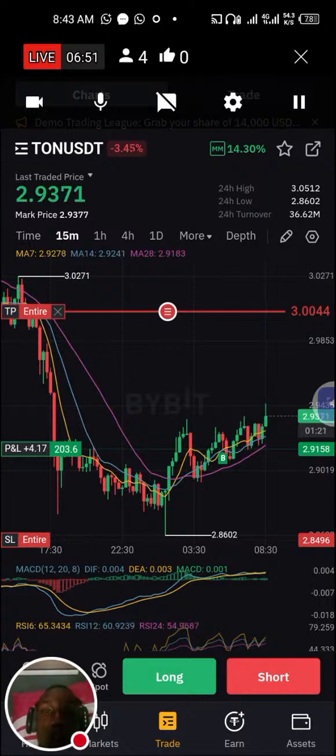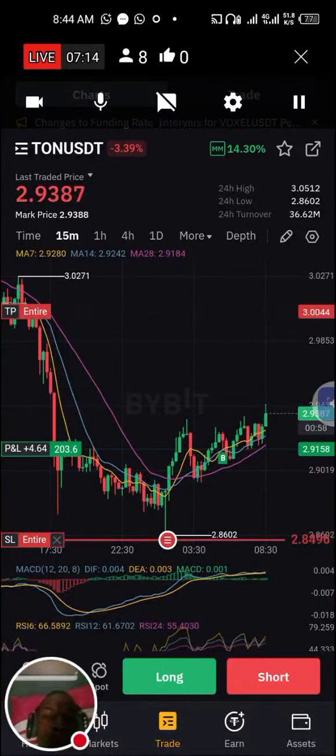You can see our stop loss right here is 3.0044 on TON/USDT market. 3.0044. This is our take profit. And if you observe very well, I entered this trade earlier, so my own stop loss is around 2.8496.